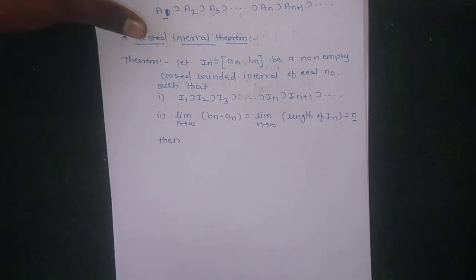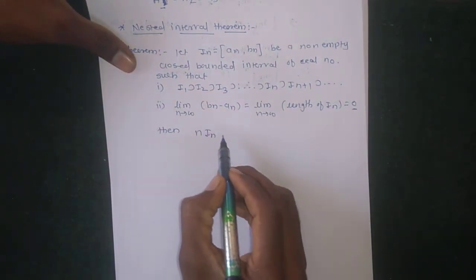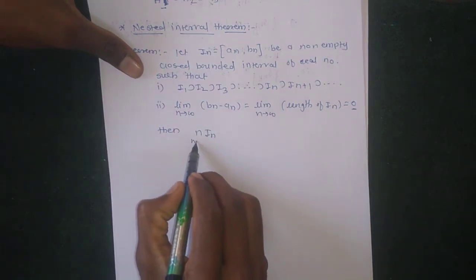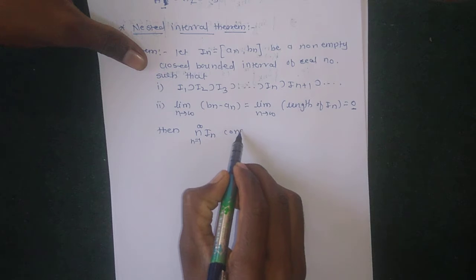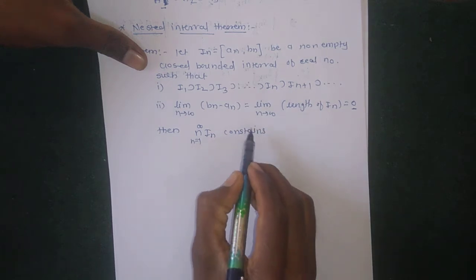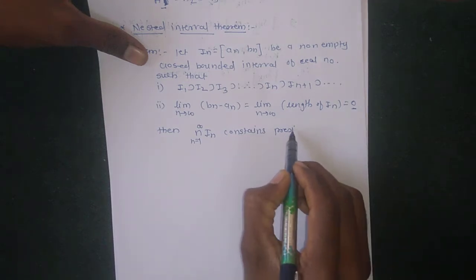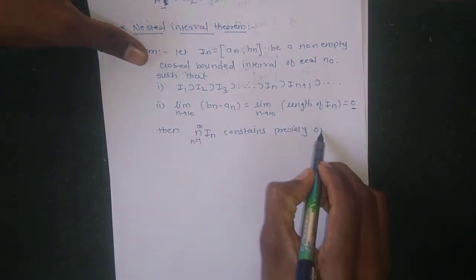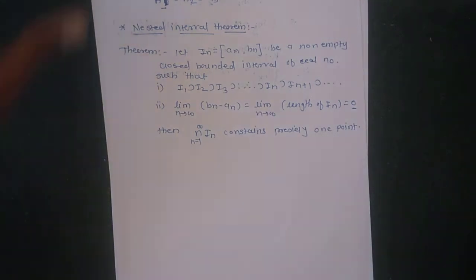Then what is to be proved here? The intersection of In, where n runs from 1 to infinity, contains precisely one element, precisely one point.